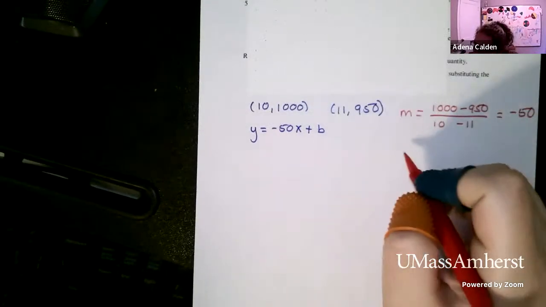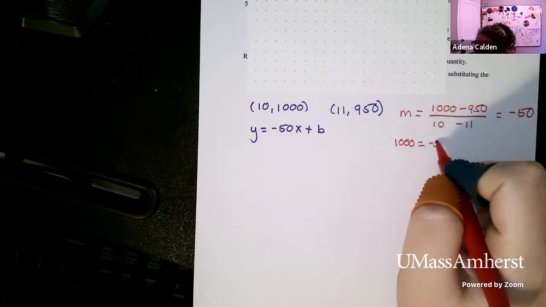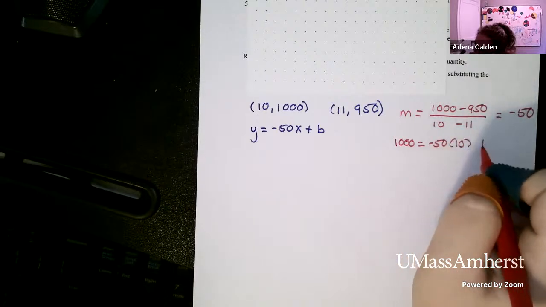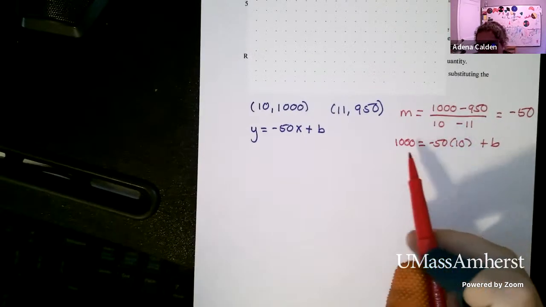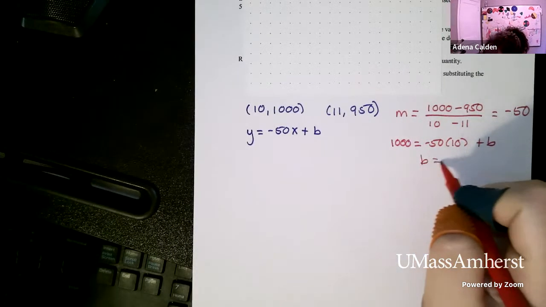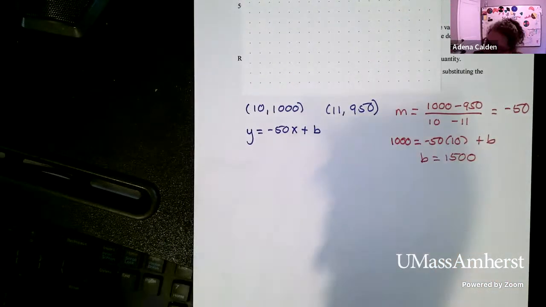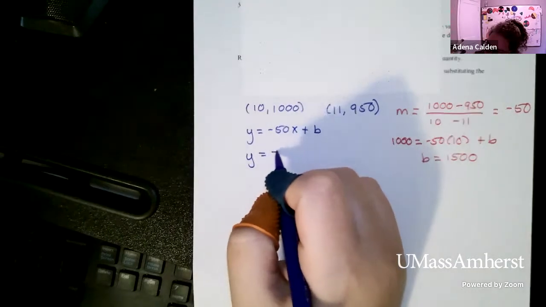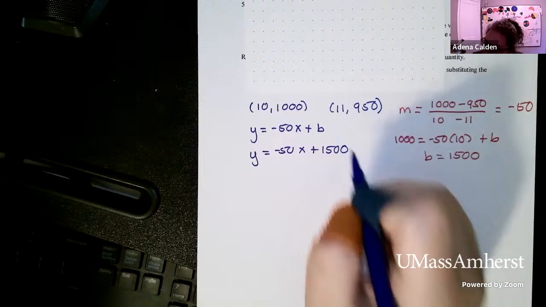So I'm going to plug in 1,000 for y and 10 for x. Negative 50 times 10 is negative 500. If I add that over, I get b equals 1,500. So now I have y equals negative 50x plus 1,500.